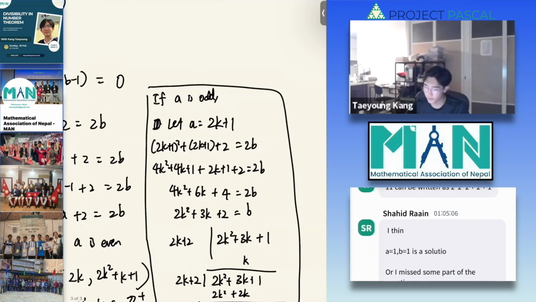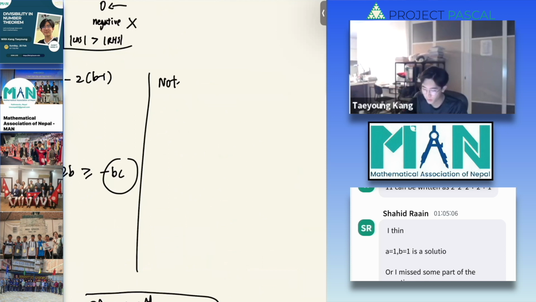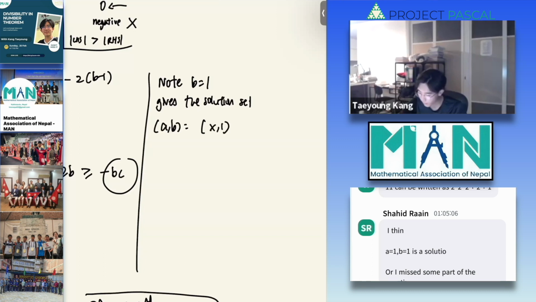Yeah, no. So when you start this problem, you must write a note: B equals 1 gives the solution set (A, B) equals (x, 1) for all x that are positive integers.